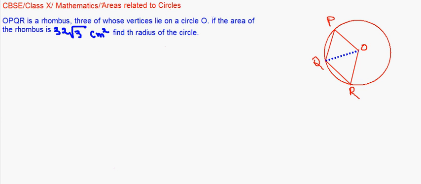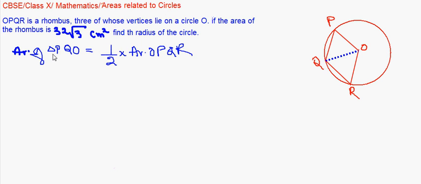The question says area of PQO. How can we find the area of PQO? If this is a rhombus and these two are equilateral triangles, that means half of the area of the rhombus will be equal to the area of the triangle PQO. Now this is an equilateral triangle. How do we find the area of an equilateral triangle?